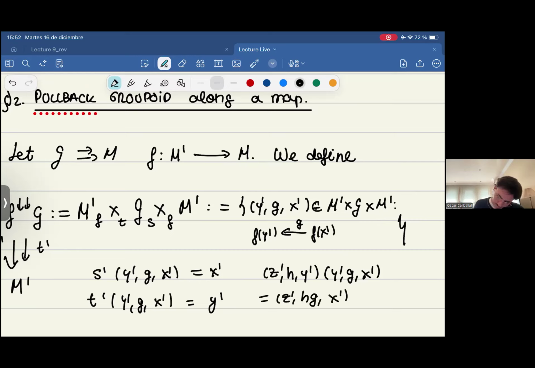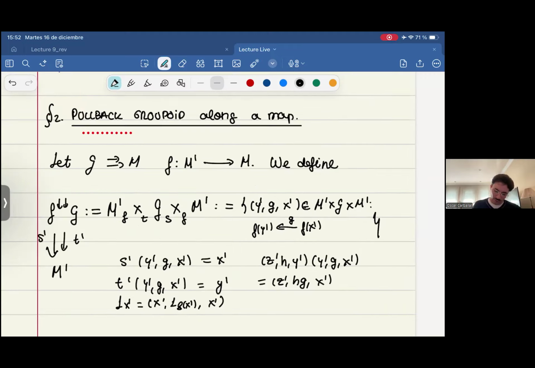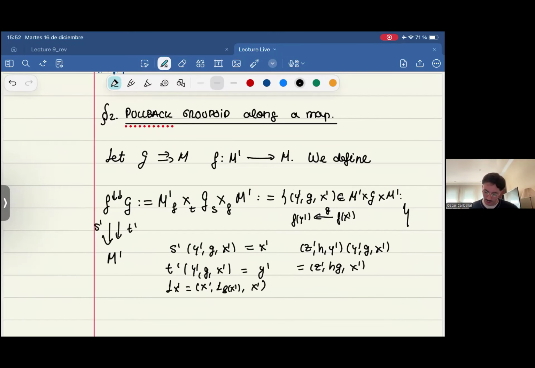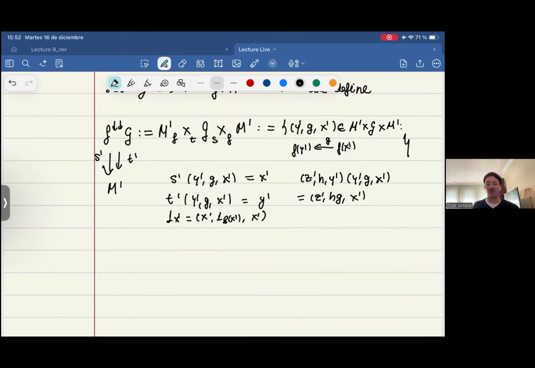And the unit of every point x prime belonging to M prime is just the identity arrow on the image of x prime. This thing here, right? Okay, so in general, this is only the structure of a set groupoid, right?